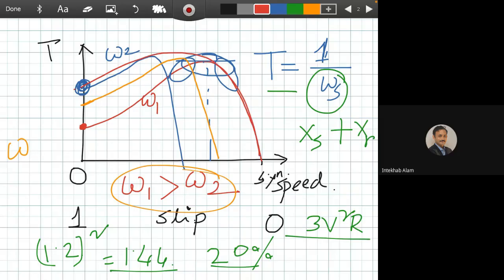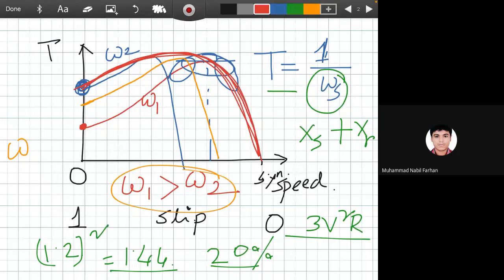Okay, I have drawn it with a red one, so the curve will be in this form. Using this curve we can see that the starting torque and running torque are almost the same. And another thing, the speed is increasing gradually.